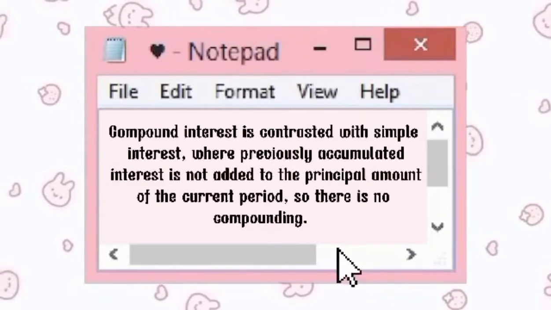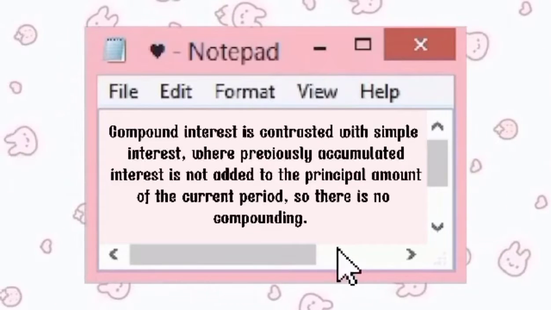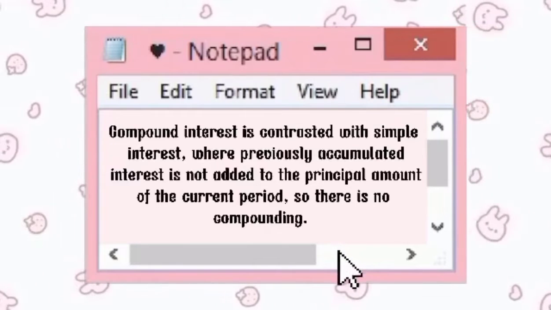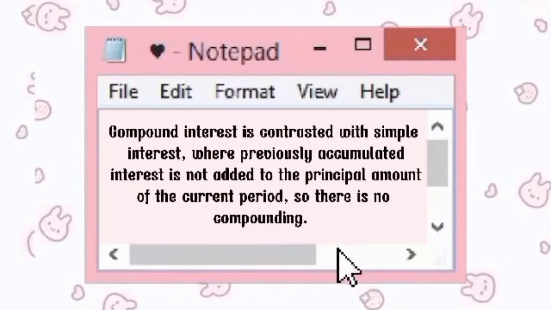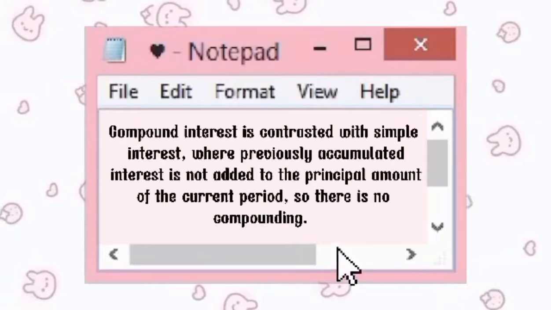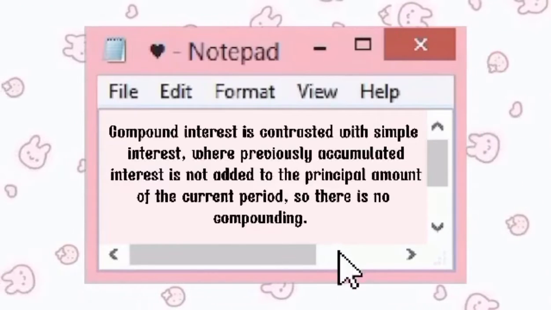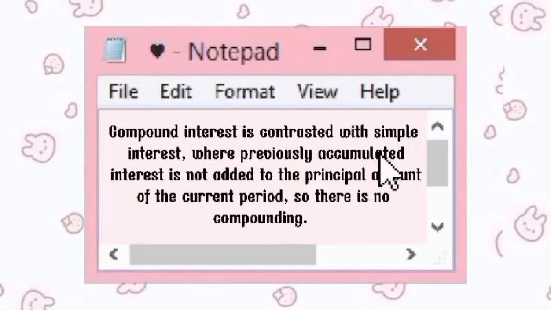Compound interest is contrasted with simple interest, where previously accumulated interest is not added to the principal amount of the current period, so there is no compounding.